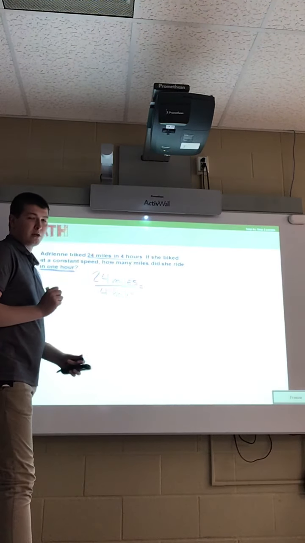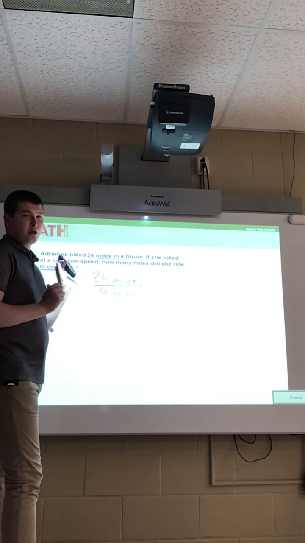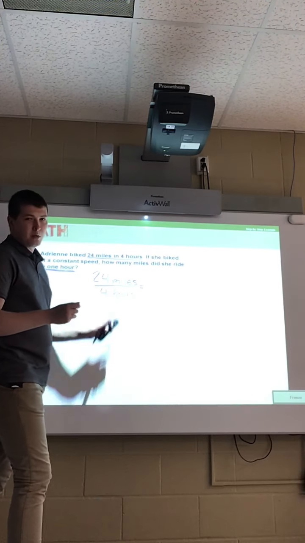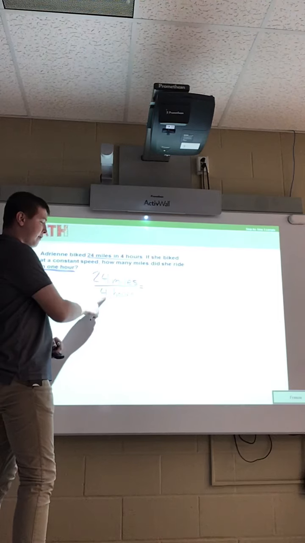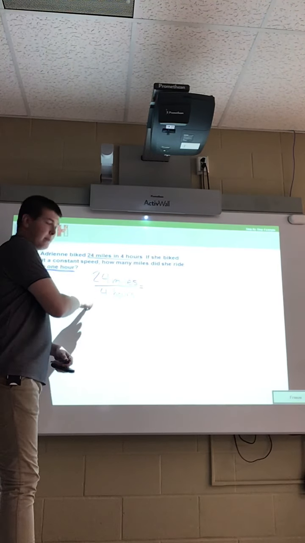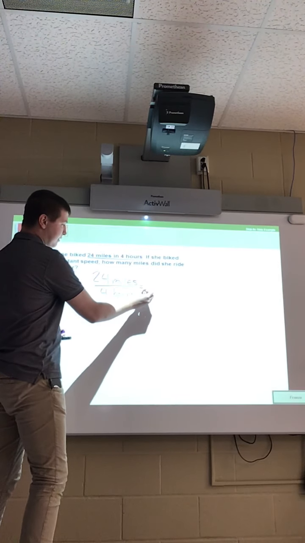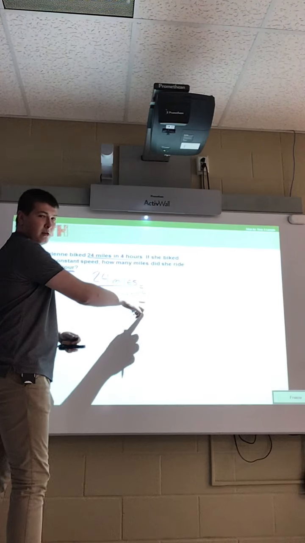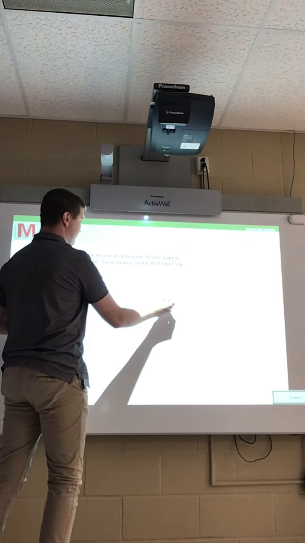The good thing about unit rate, you have to get this to be 1. The only way to get this to be 1 is dividing it by itself. So we take 4, whatever's on bottom, and divide it by exactly that. So 4 hours, we'll divide by 4. That way, we can get that 1 hour.